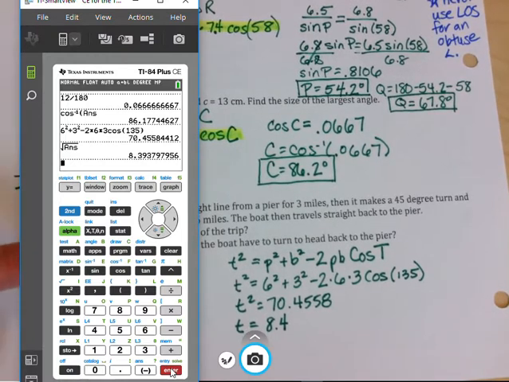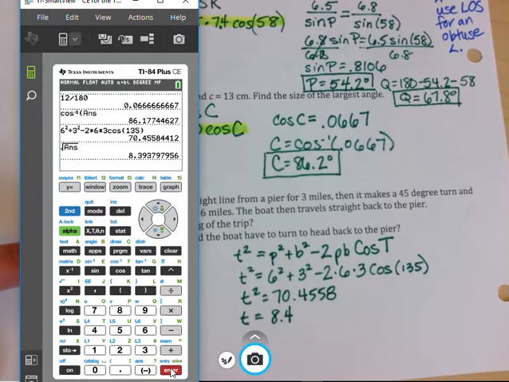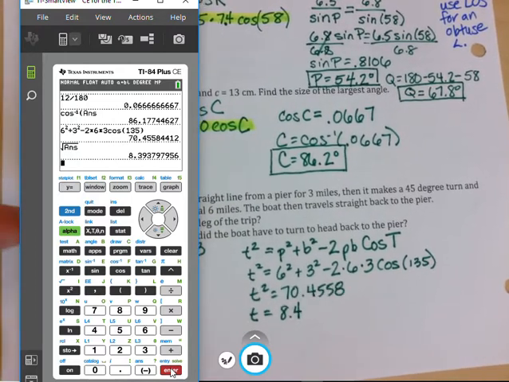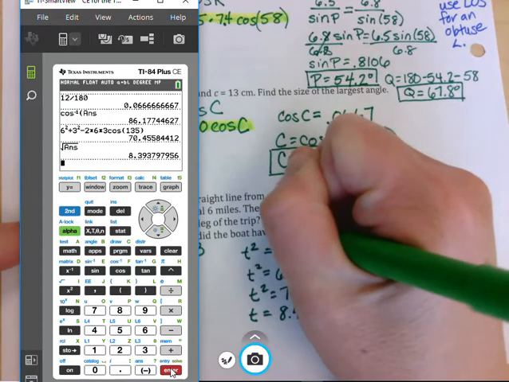And I wrote 8.4, but Christine says I need to put down what unit? Miles. So 8.4 miles.